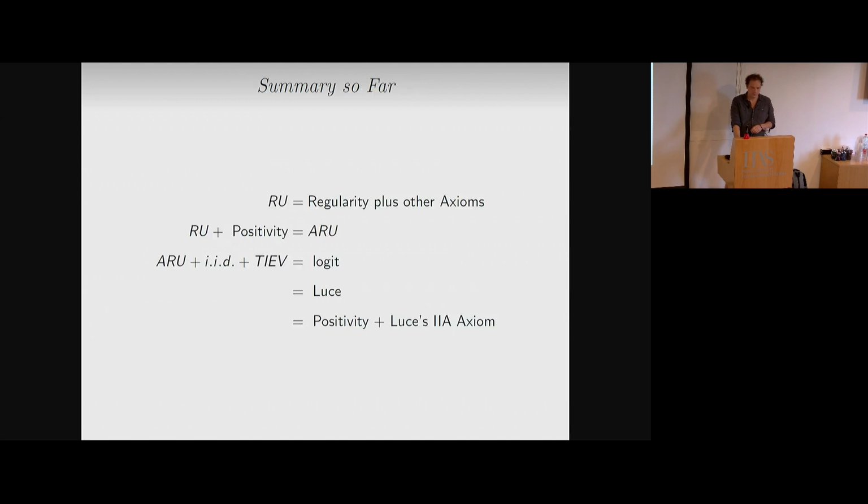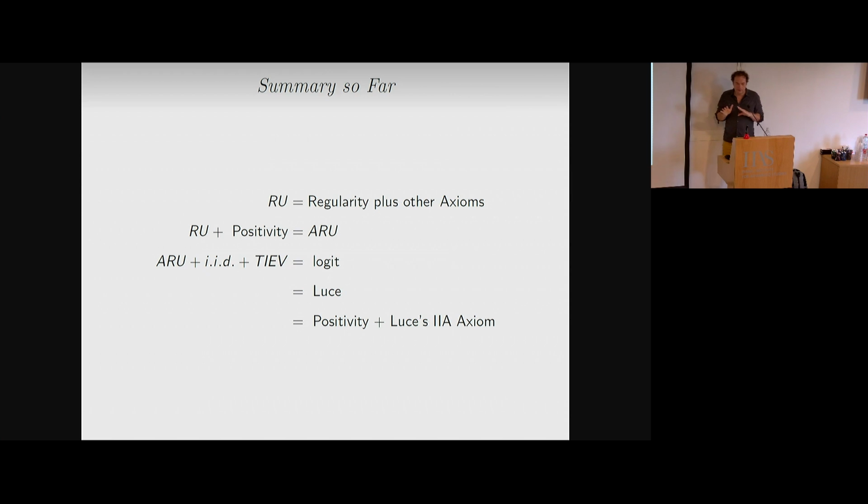Okay, so far, just to summarize what we've covered, random utility is equivalent to regularity plus these ugly things. Random utility plus positivity is equivalent to additive random utility.